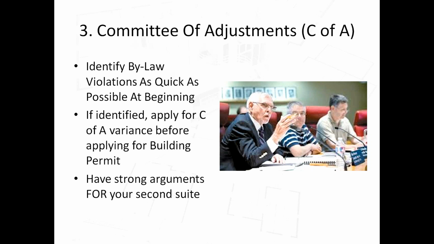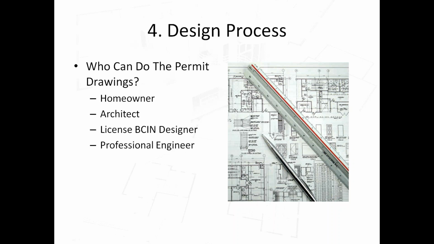Most of them have lasted about 30 seconds because the committee members all agreed that it was okay. I've only had a couple of times where neighbors showed up with concerns about, say, your vehicle blocking their driveway, and then you just talk about ensuring that none of that is going to happen, and usually they're okay with it. So in most cases, it's really just more time added to the process.